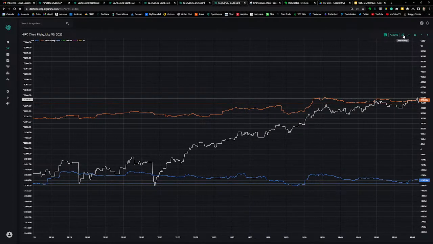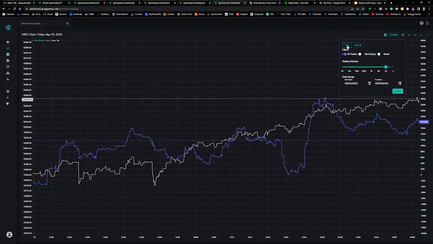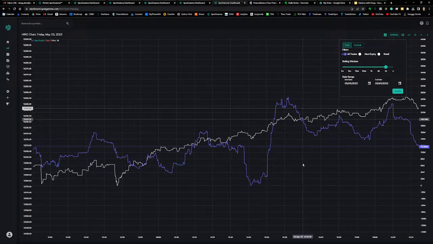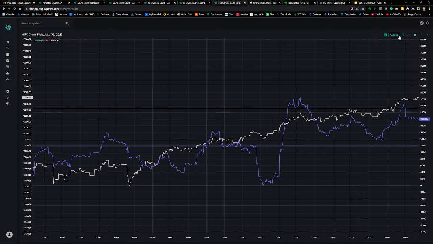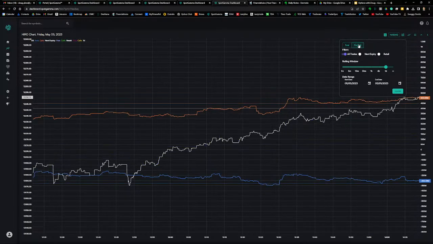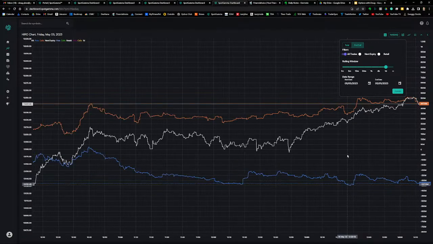Let's switch back to the total signal. And that's pretty choppy. Put calls. So it looks like they have just steadily been buying calls. Zoom out a bit.